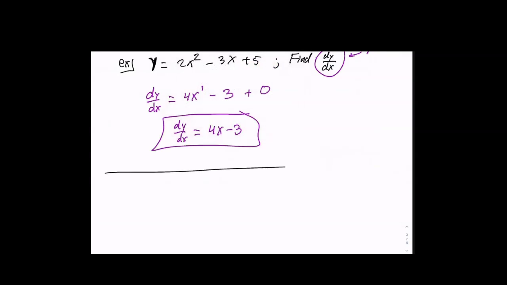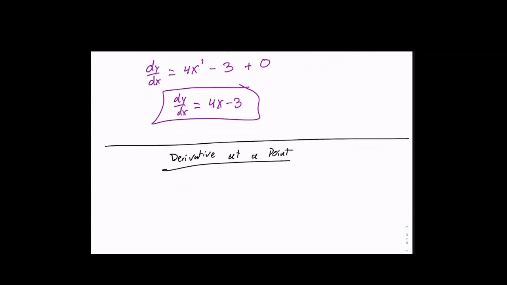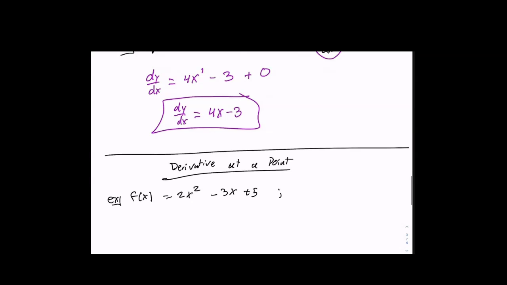The final thing I want to show you for today is the derivative at a point. We'll get into this a lot more in Friday's lesson, but there is a homework problem on this, so I want to show you one quickly. Let's do f of x equals 2x squared minus 3x plus 5, same one as above. Find f prime of 4.